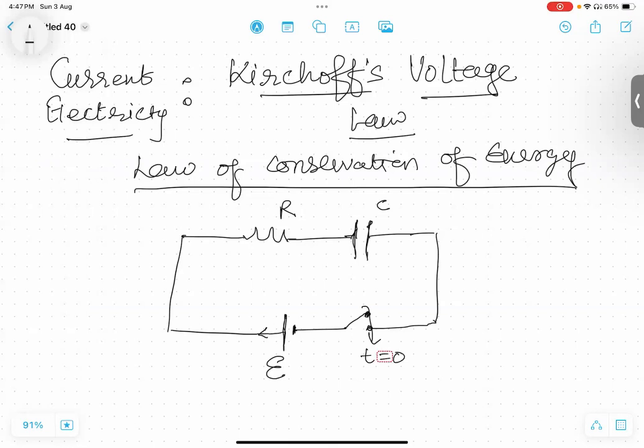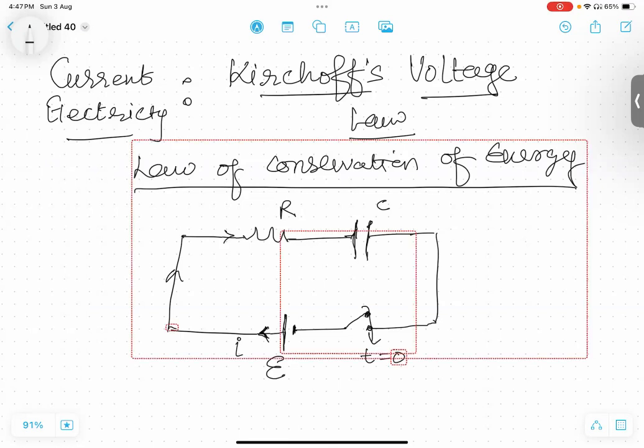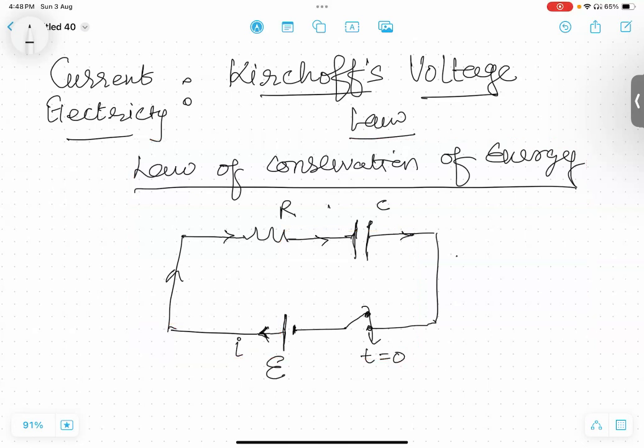As I close the key, the current will start flowing here. Whatever is the value of current I which is flowing, the current will go through this branch. There are no other branches present, so the current will keep on going in this way.